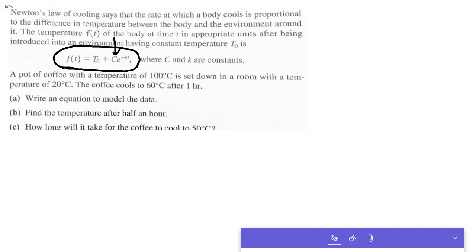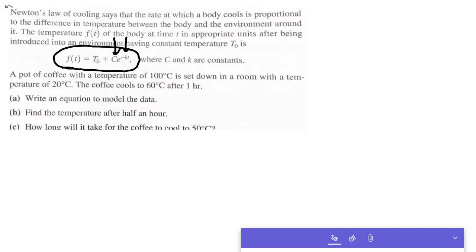And then K, that's your rate of decay. And then T is time in hours. And so our model to fit this data would look something like this. You've got 100 degree coffee. We're going to sit down in a room with a temperature of 20 degrees.